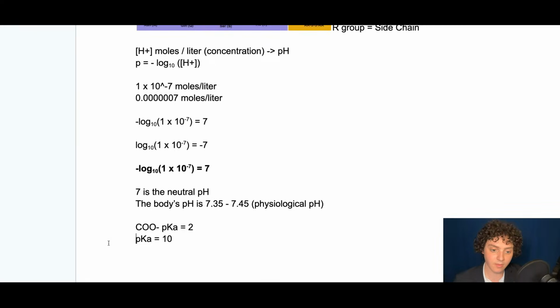When the pH of the chemical environment of that functional group or molecule is lower than the pKa, that molecule or functional group doesn't lose a hydrogen.